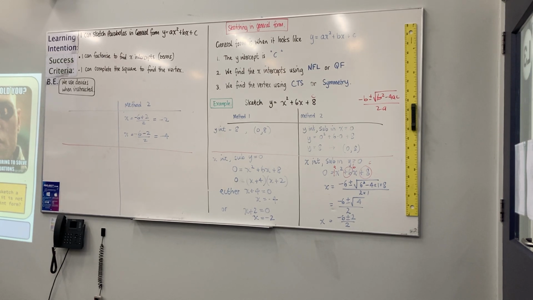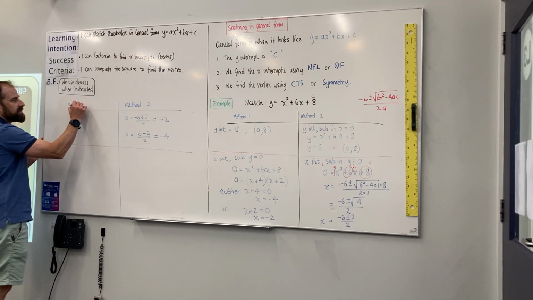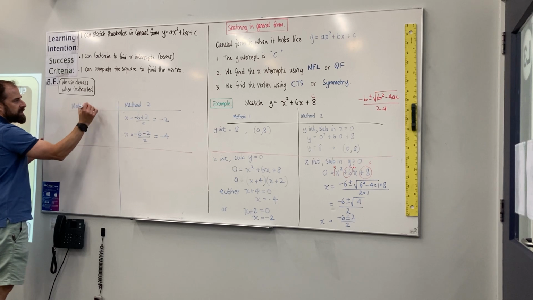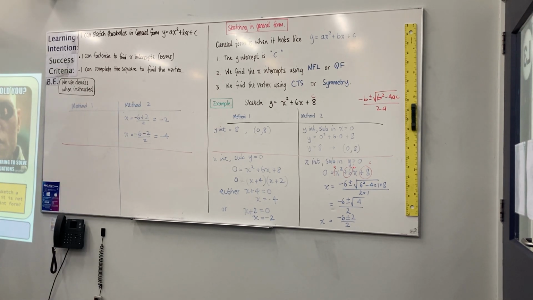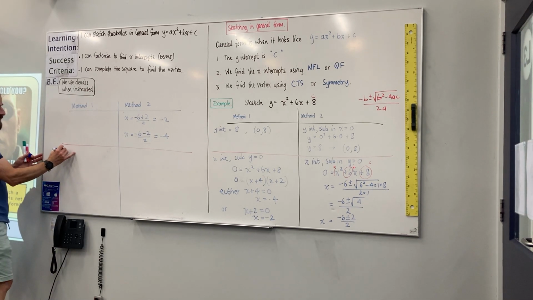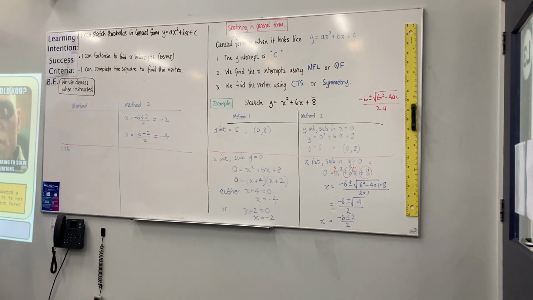All right? Yes. Last thing we have to be able to find is our vertex or our turning point. We have, again, 2 methods. So, the first method that I'm going to use is completing the square. And we saw yesterday how we could use completing the square to change into turning point form.